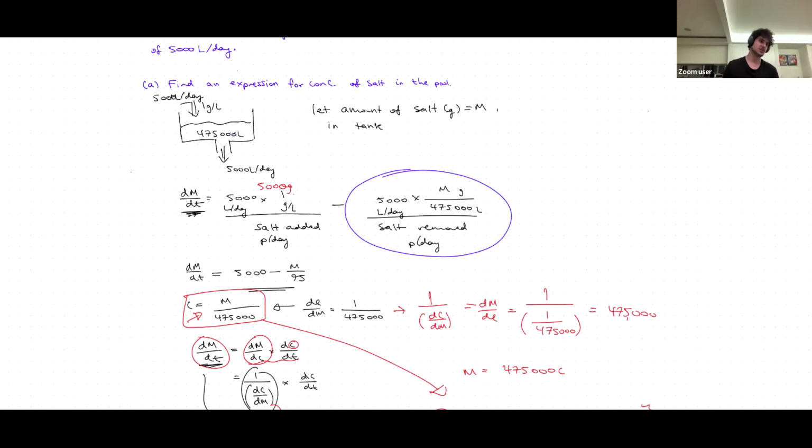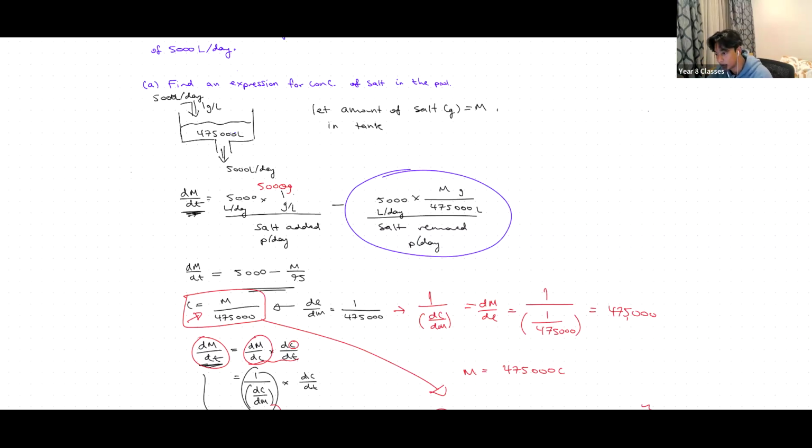I get it in a practical sense, but the change in salt, because the salt concentration before you pour it out is going to be, what is it, 5,000 divided by 480,000. That's the salt concentration per liter, isn't it? It would be M on the total volume.